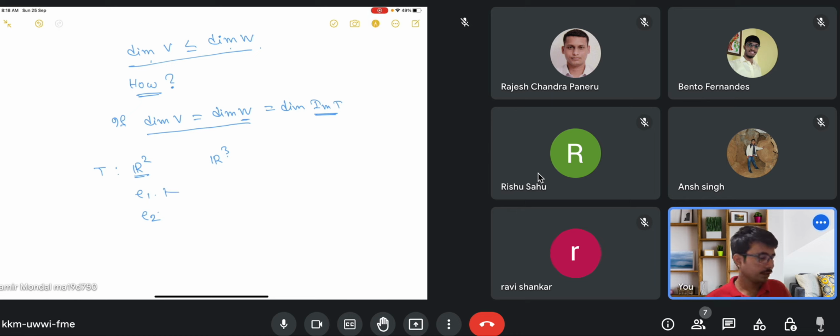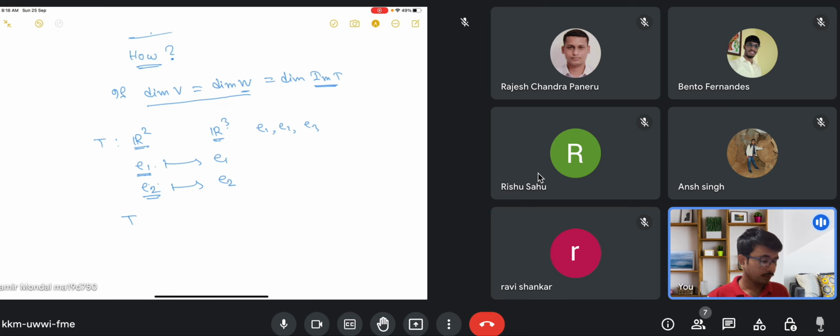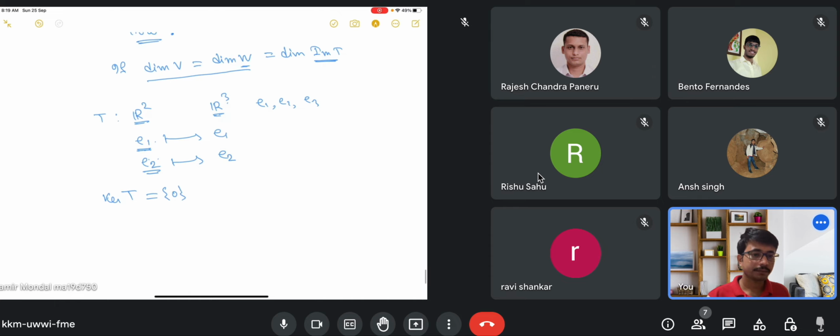E1, E2, E3 is a basis of R3. Map these to either E2 or E3, whatever you want. Since we define T on a basis, T is a linear transformation, and since these two are not mapped to 0, the kernel of T is trivial, equal to 0 only.